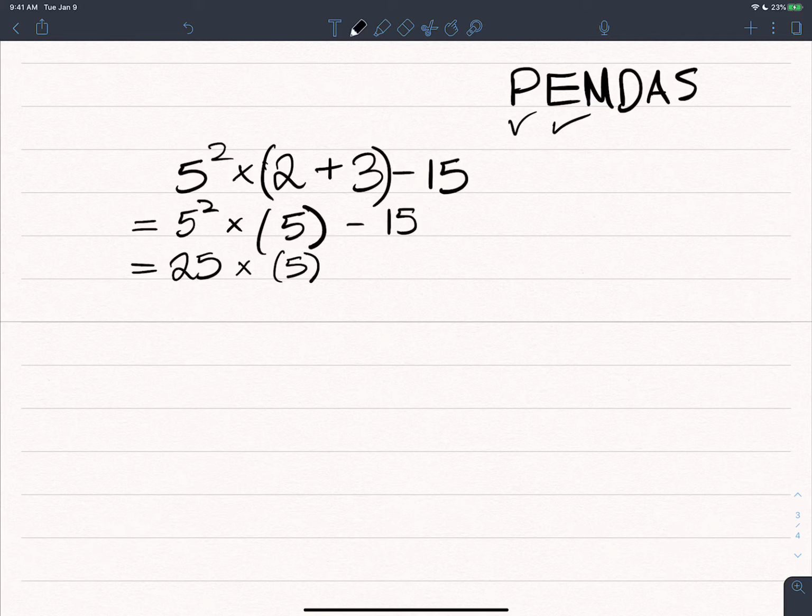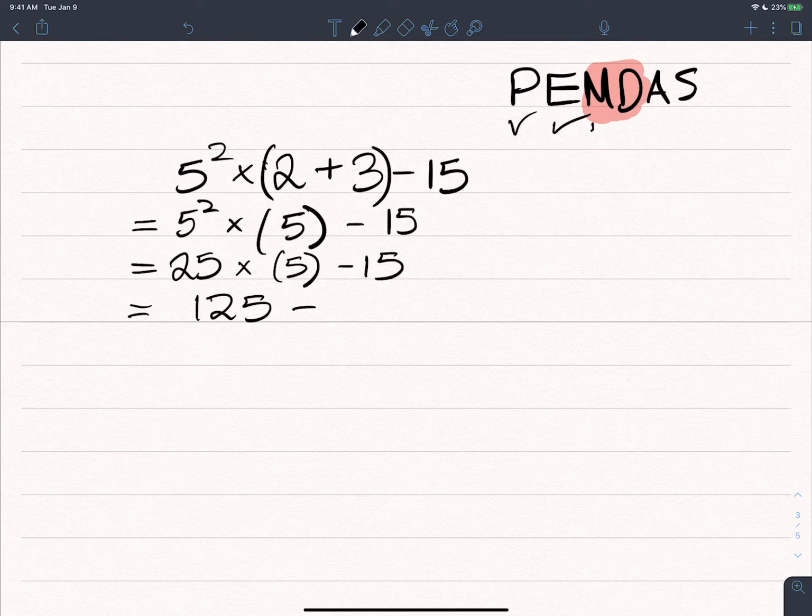Times 5 minus 15. Now what's next? We did exponents. Now we need to do multiplication or division. I want to make them both red. Multiplication or division, right? Multiplication or division tells us to do 25 times 5. 25 times 5 is 125.